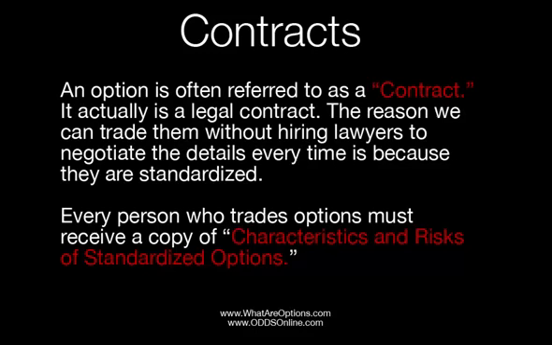You also had to receive a copy of a document called Characteristics and Risks of Standardized Options. And just like any other contract, you signed something saying that you understood the risks involved, whether you read it or not. I've helped people who started trading options without really understanding the risks. They usually end up coming for help a little bit later when something bad happened, and they ask me to explain what happened.